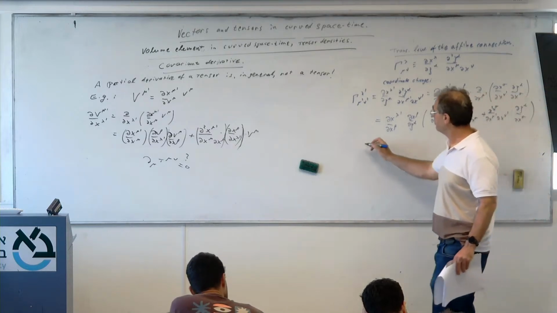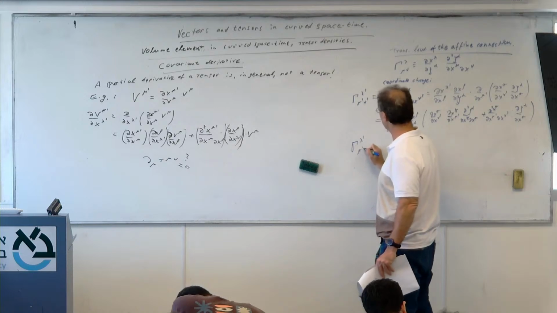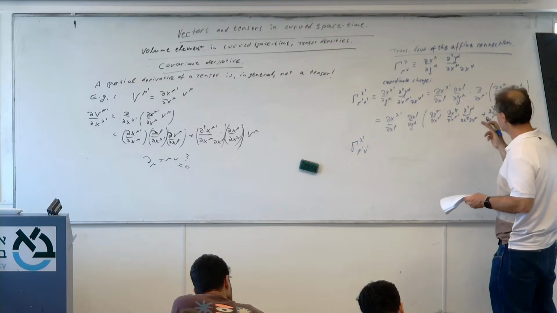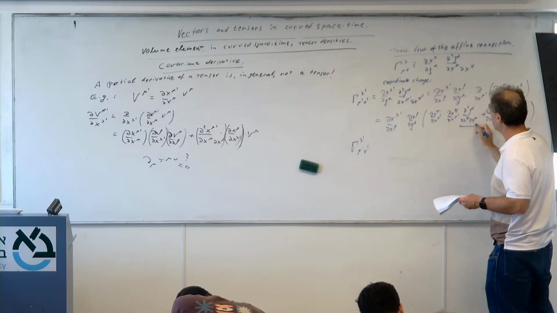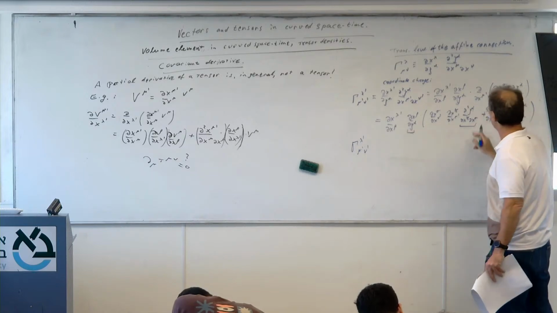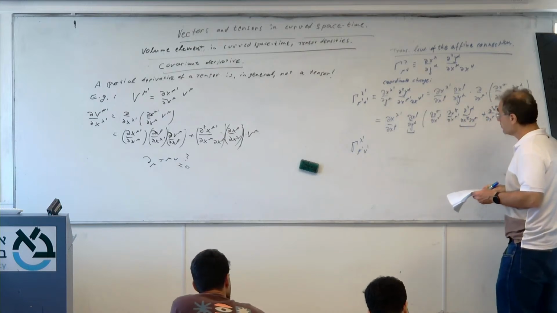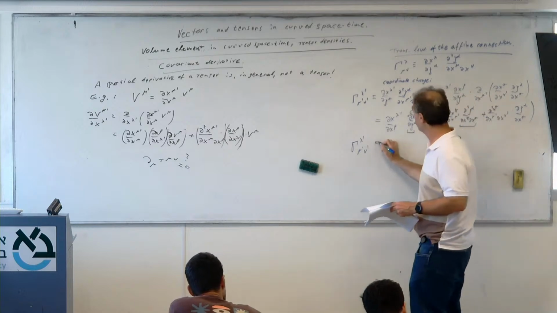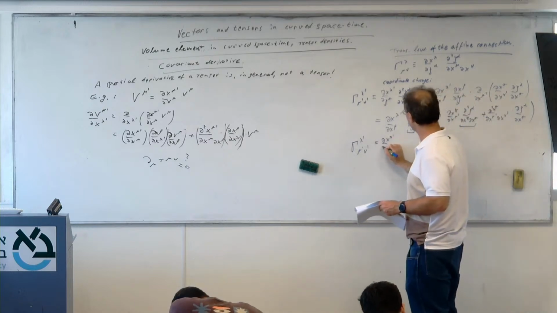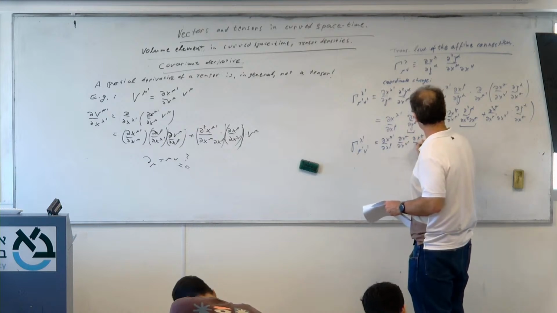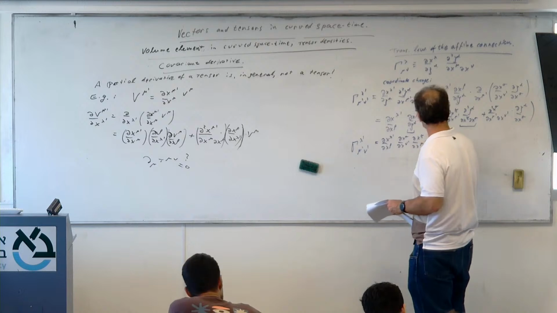So what we have, gamma lambda prime mu prime, is this. This is just gamma rho tau sigma. So we just have dx lambda prime over dx rho, dx sigma over dx mu prime, dx tau over dx mu prime times gamma rho tau sigma.